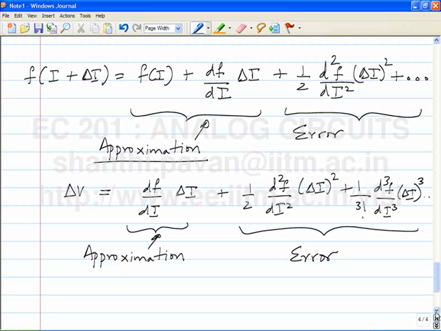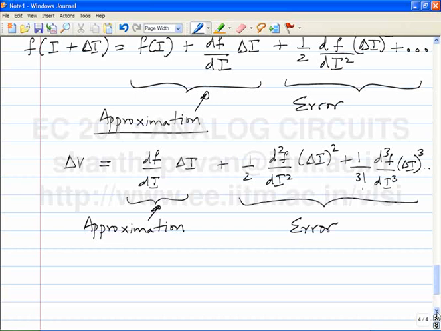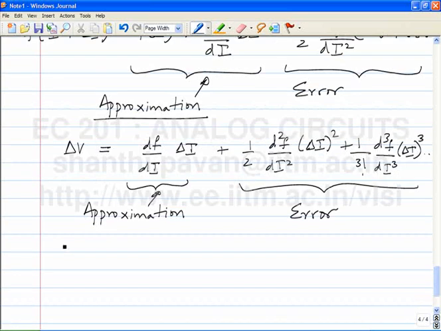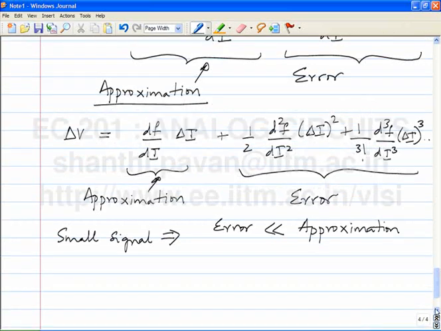Small signal basically means that the error is much smaller than the approximation.